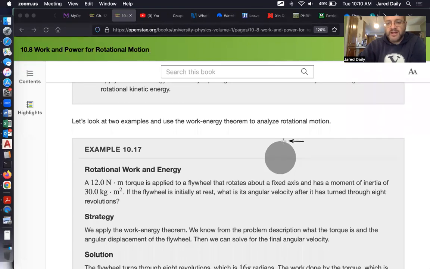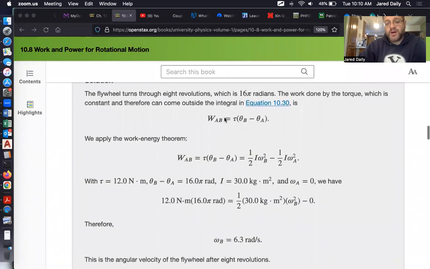We're going to push on it like this, which would be perpendicular to the R, because the R would be measured from the center of the flywheel this way. So those two would be perpendicular. It's an assumption we're making. Maybe it's not the best assumption, but they should have made that clear. But anyway, that's why we can just multiply torque times theta and not have a sine of the angle between them.